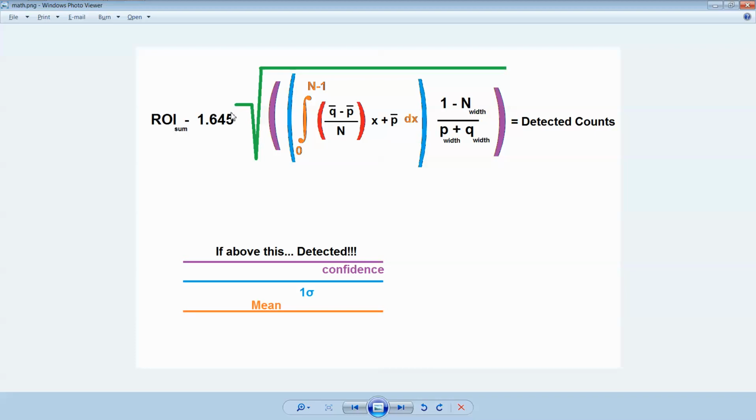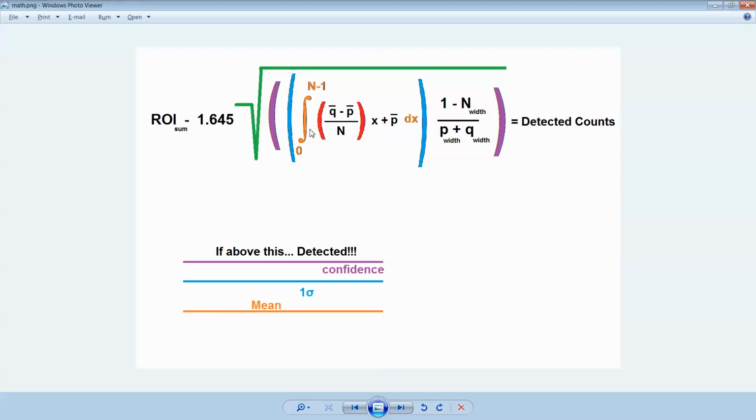Anything below will be not a count. So I'm taking this confidence and multiplying it by the square root. And this is where it gets crazy here. Basically, this is the square root of 2 times the background. That's the basic equation which this is derived from. Now, the reality is we go a little farther beyond there.